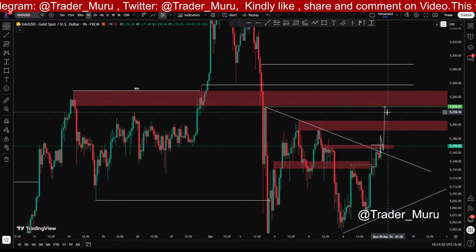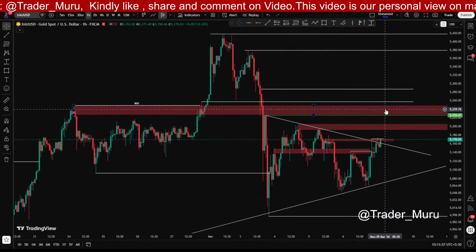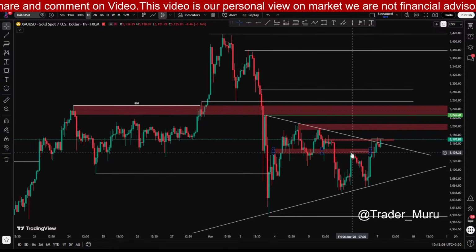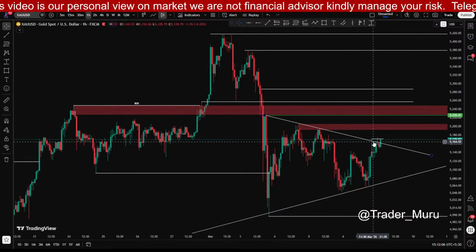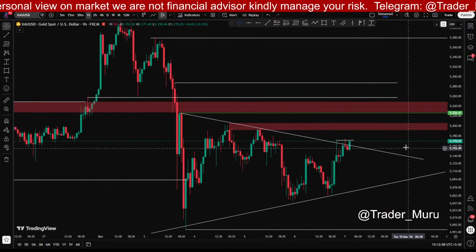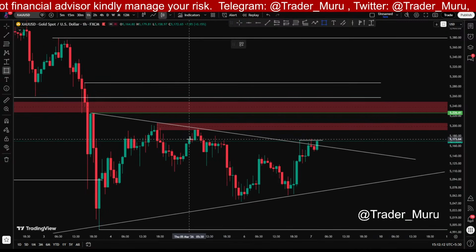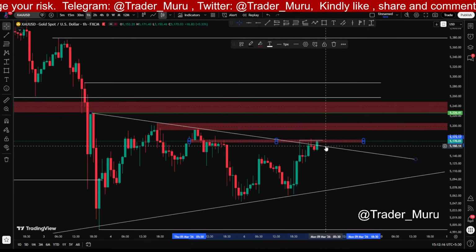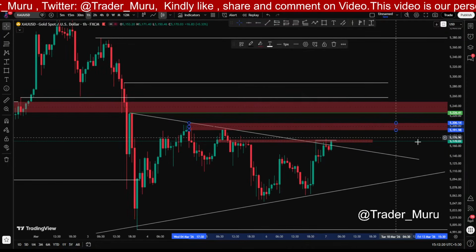And if you want a much safer entry, wait for the sweep and the rejection candle like this one, and then you can enter short. So the current resistance in the market is this one, as we have discussed. This is the current resistance. Once it gets flipped, you can buy it on retest. For the scalp pips, first target will be this one.